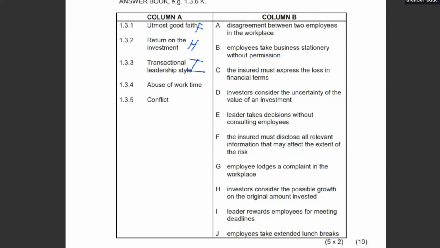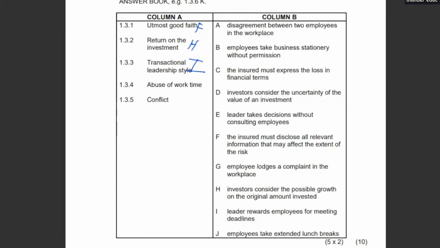Next concept, we have 1.3.4, abuse of work time. Remember, abuse of work time is one of the conditions that appear under the Basic Conditions of Employment Act. The Basic Conditions of Employment Act is the act that governs businesses on how they should operate day to day. They point out issues like abuse of work time.